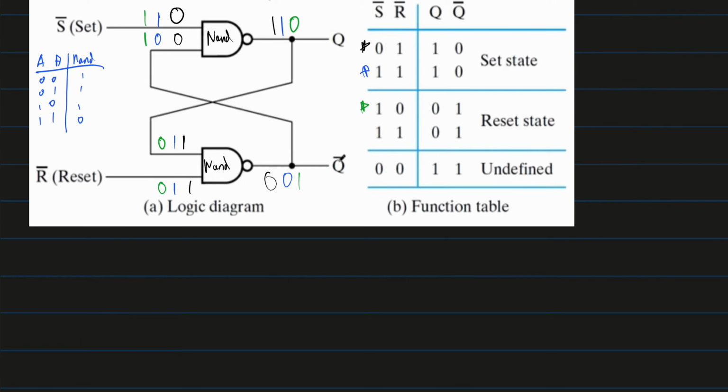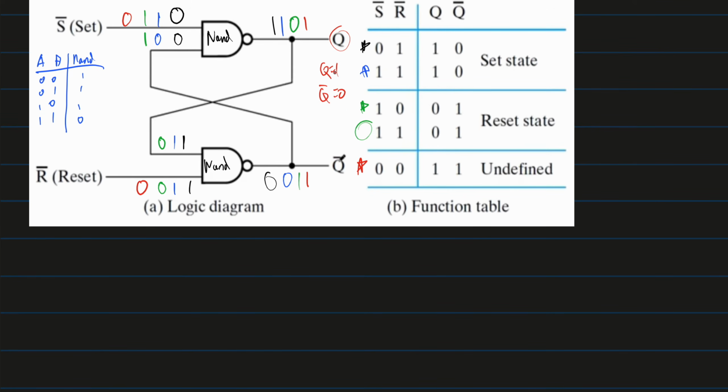And then that's the same thing for this next one as well, that we're just not going to do because it's the same thing. What's pretty interesting is this undefined state. So if our S naught is 0 and our R naught is 0 and our Q is 1 and our Q naught is 1, we can see that this is pretty strange, because if our Q is 1, the NOT of it should be 0.